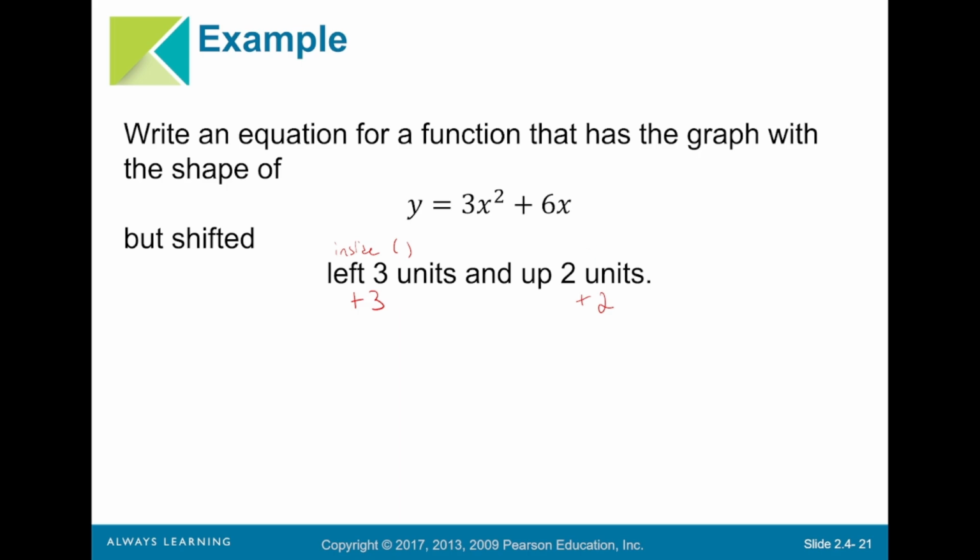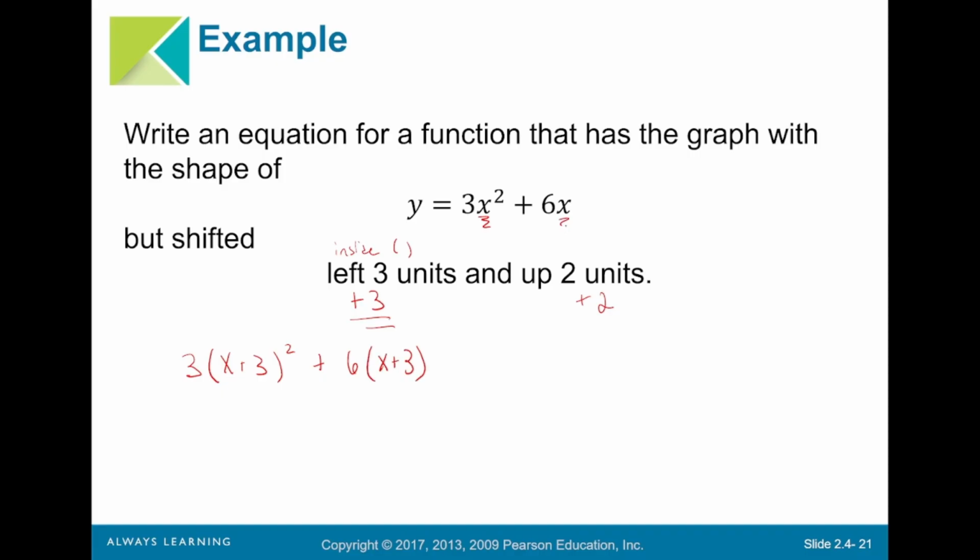That'll be outside the parentheses. So what that ends up looking like is I have 3 times x plus 3. Here's where I get the plus 3 involved. It's inside parentheses, and that's what gets squared. Essentially everywhere I see an x, I replace it with an x plus 3. So now I have a plus 6 times x plus 3.